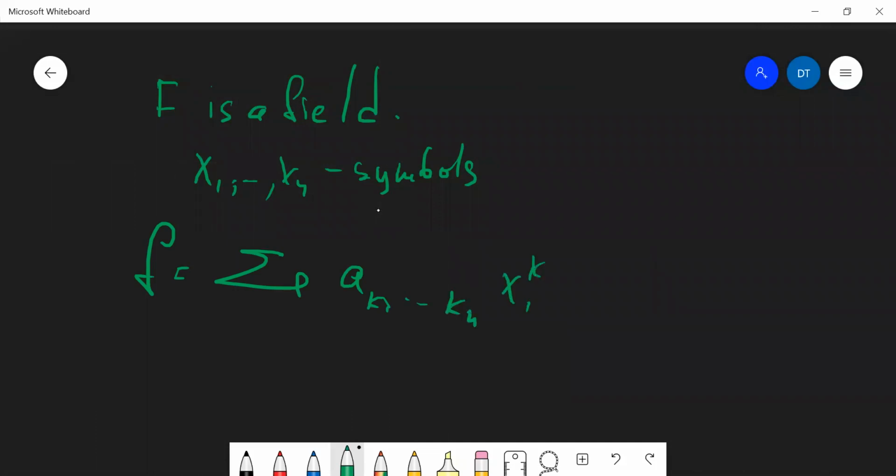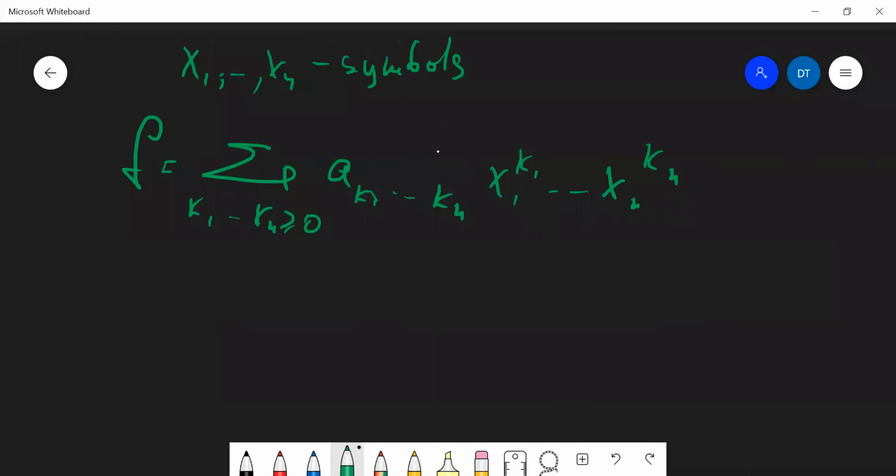Let me write this down, and then I will explain what's going on. Here k1, ..., kn are not smaller than 0. So we consider all possible products of all possible powers of x1, ..., xn multiplied by an element a with indices k1, ..., kn. This element belongs to the field F, and there are only finitely many non-zero summands here. So only finitely many coefficients are non-zero.